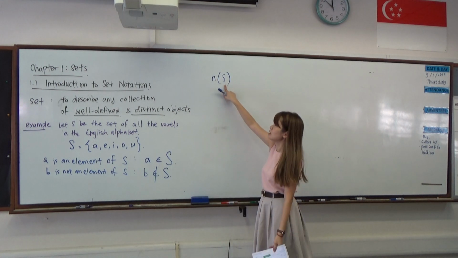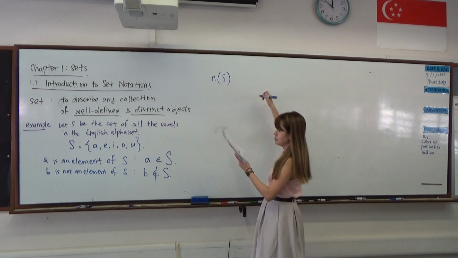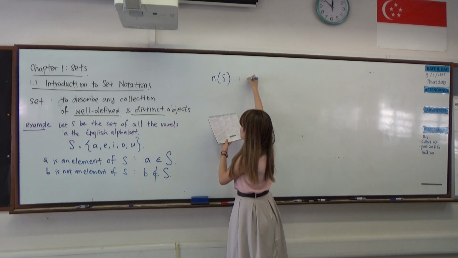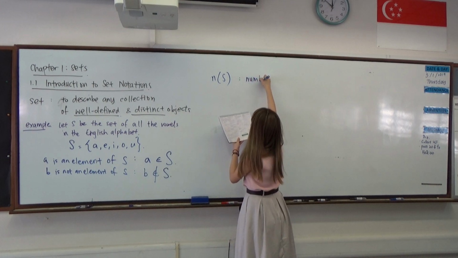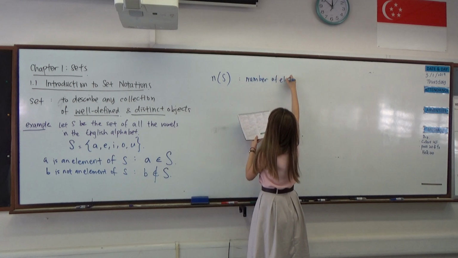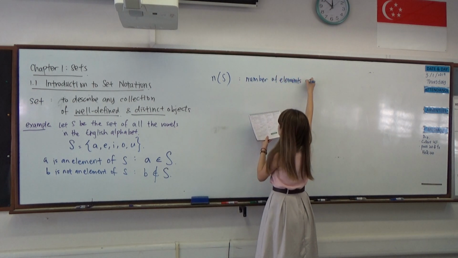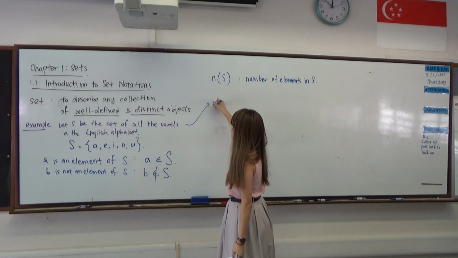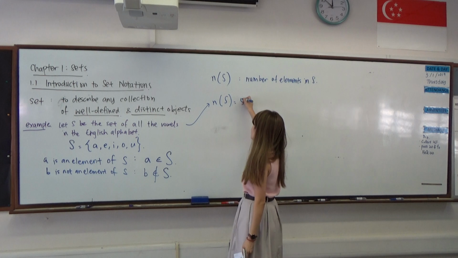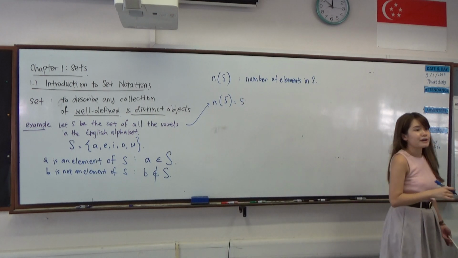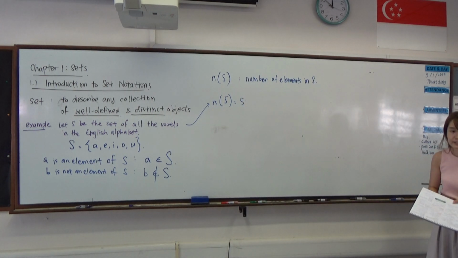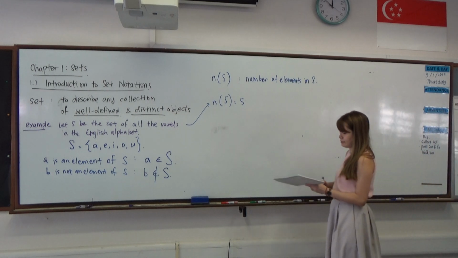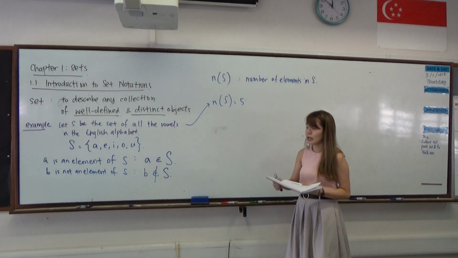So number of elements in S. Okay, this refers to number of elements. So in this particular case, the number of elements of S is equal to 5. Yes. It must be letter n. Small letter.